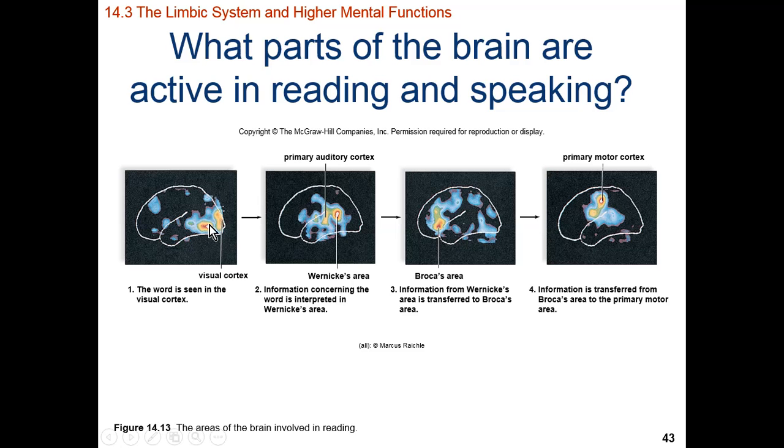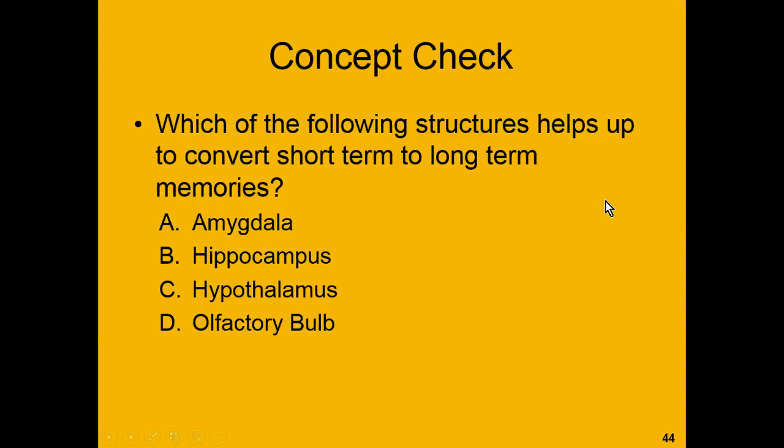So by reading and listening to the information, you use the occipital and temporal lobes, then you process it in Wernicke's area, form your response in Broca's area, and send the response from the primary motor cortex.